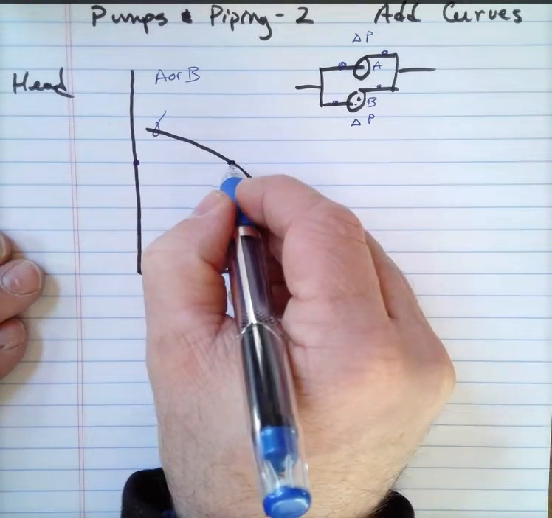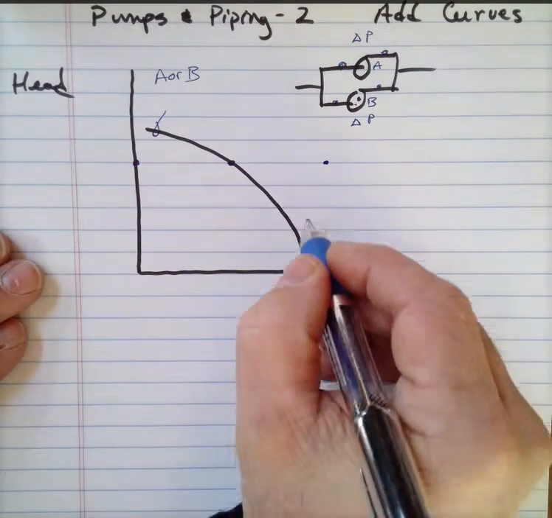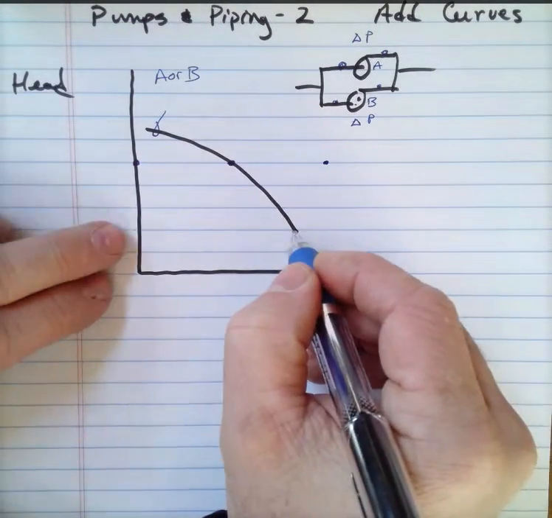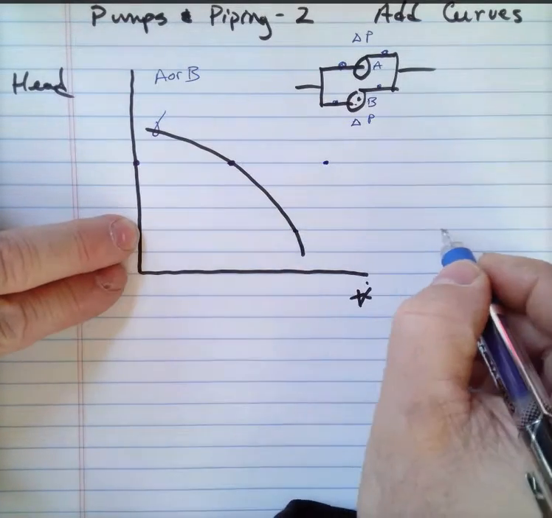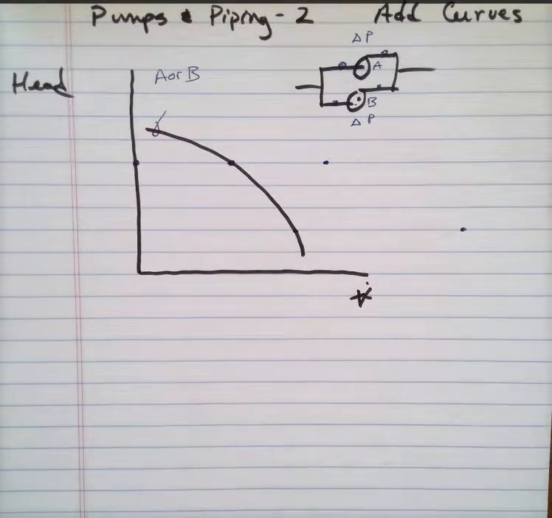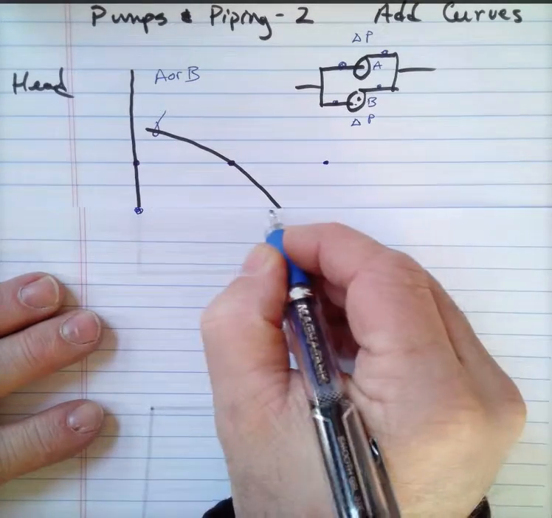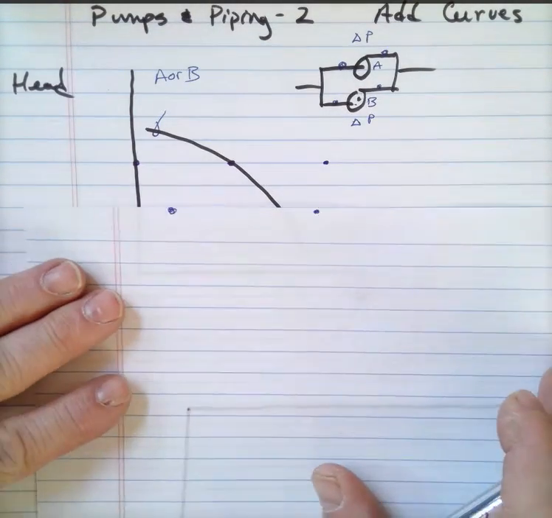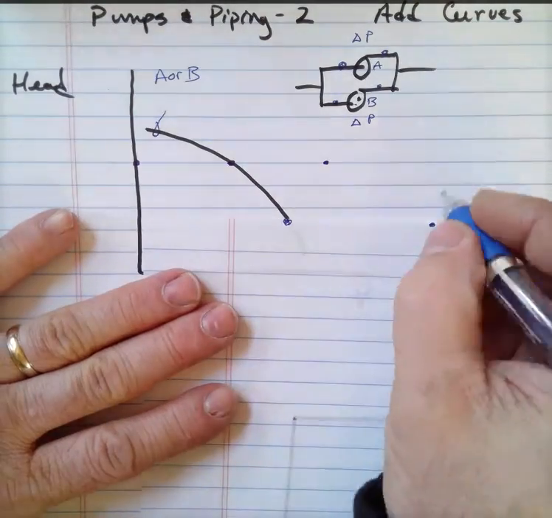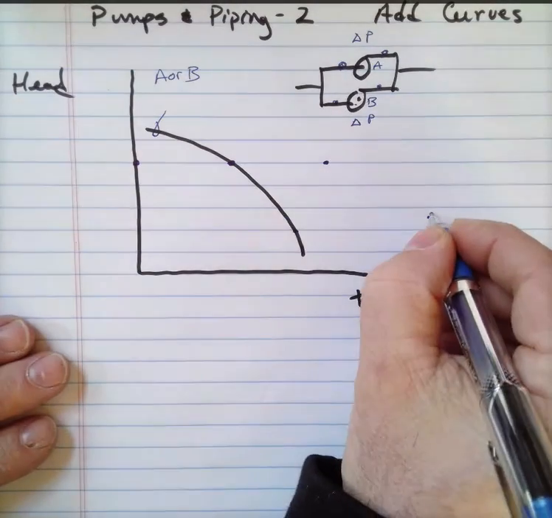So whatever this flow rate is, we would double it. Whatever this flow rate is, we would double it. And so basically what we're doing is taking any point on the curve and moving it horizontally like that.